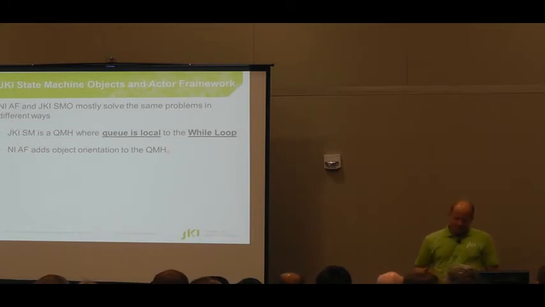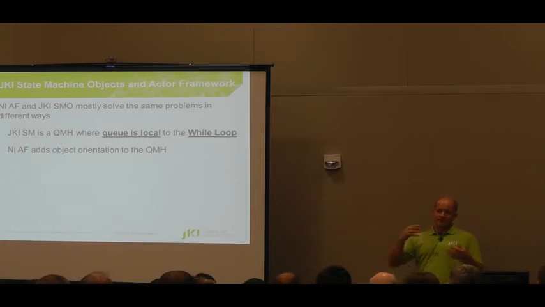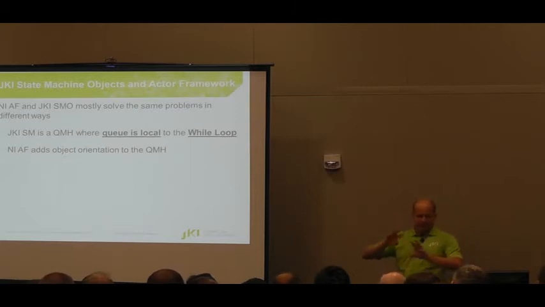And so it's extremely powerful, but again, to really understand how this works, every frame of the case structure in the JKI state machine, if you look at the actor framework, we're now looking in classes, popping open all the VIs, figuring out who's sending messages where.